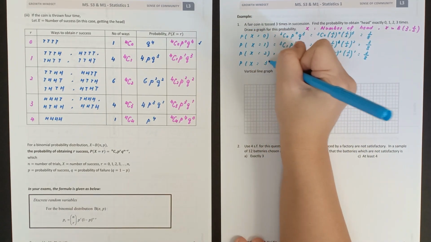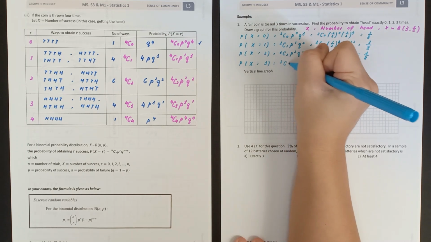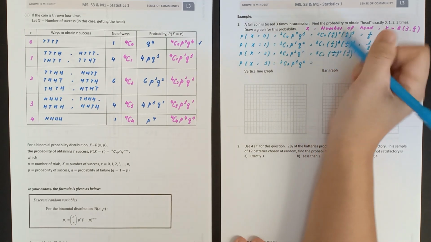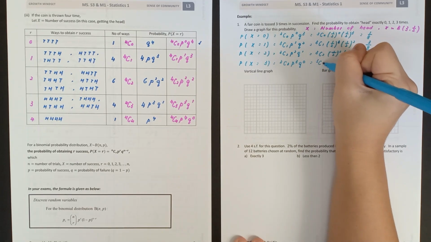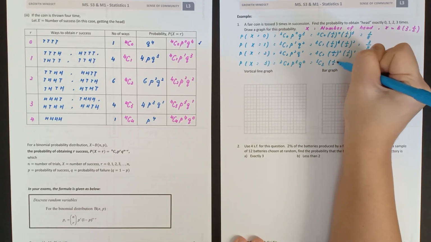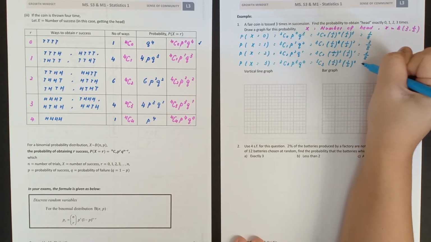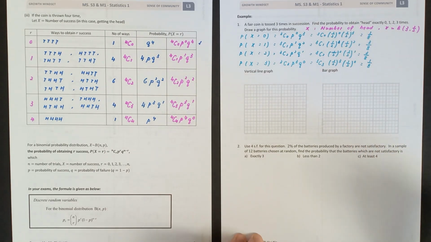X equals 3, so 3C3, then you have success 3, failure 0. So 3C3, 1 over 2 power 3, 1 over 2 power 0, which gives you 1 over 8 also. Is that alright?